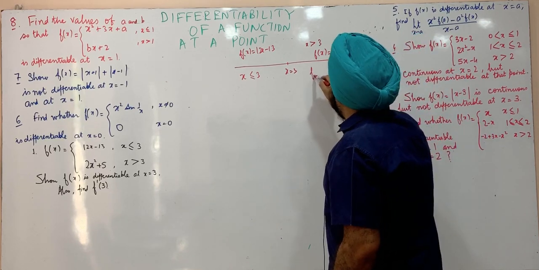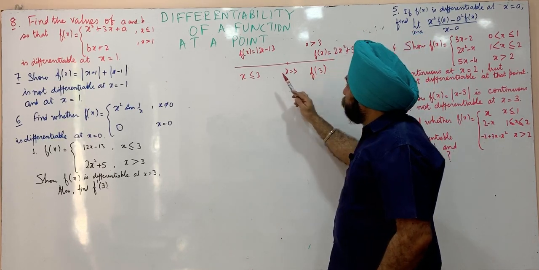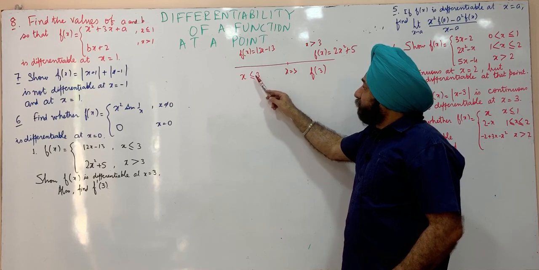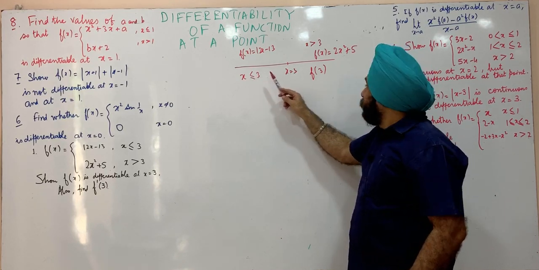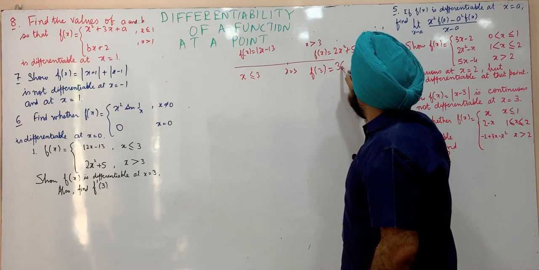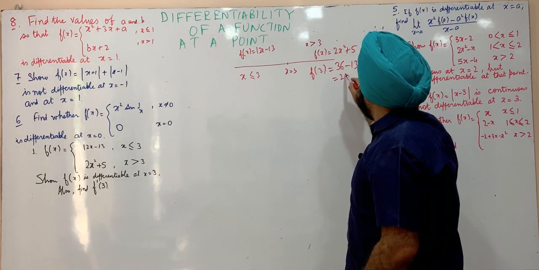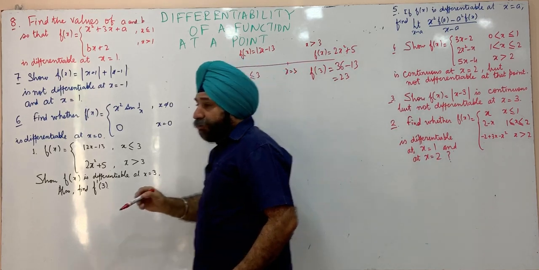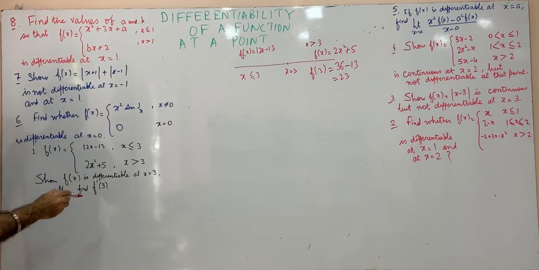We find out f of 3. F of 3 we will find out from this side, because equal to 3 is this side. F of 3 is 12 into 3, that's 36 minus 13, it's 23. Now we find out the left hand derivative.